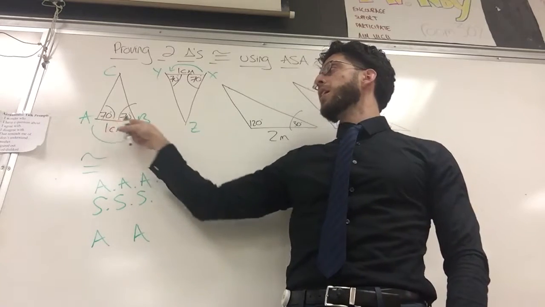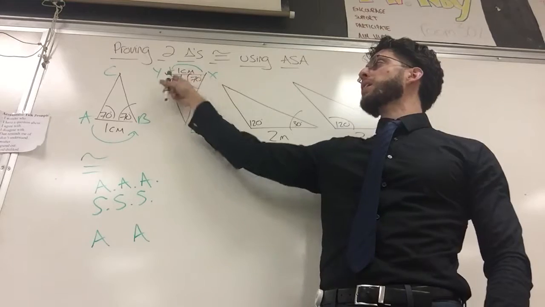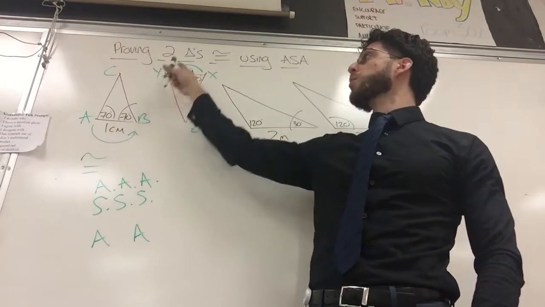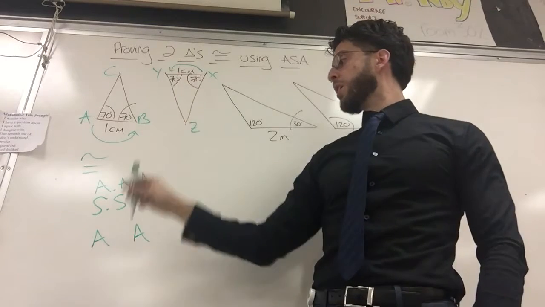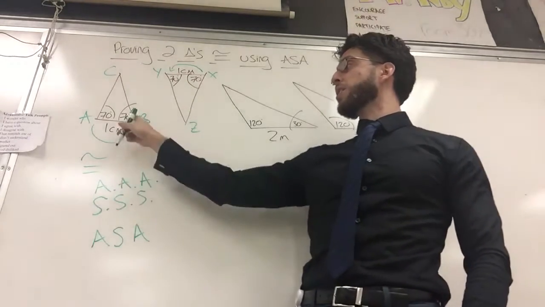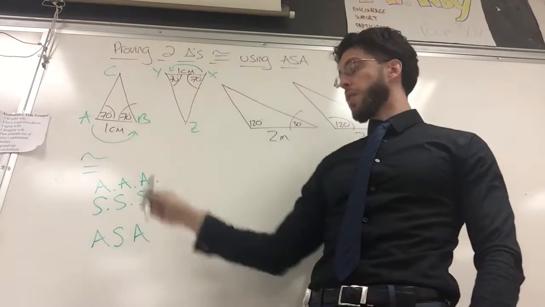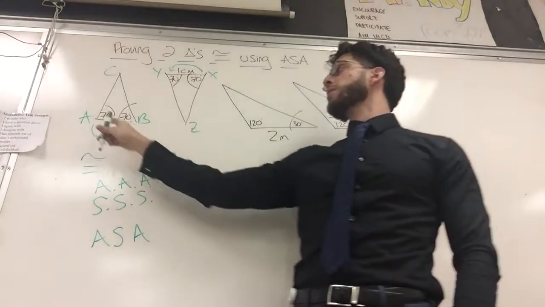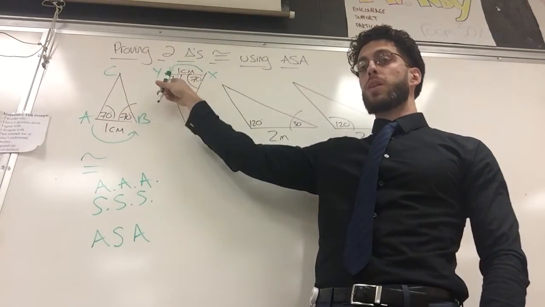It should be this side. I look at this angle, and the very next thing I should be looking at is this side. And look at that, 1 centimeter, 1 centimeter. So the corresponding sides are also congruent. So I have angle, side, and then the second angle comes, or the third piece of information. So this is an example of angle, side, angle, congruent to angle, side, angle.